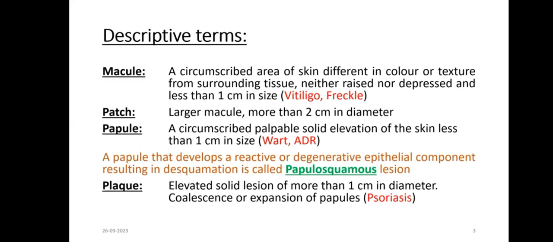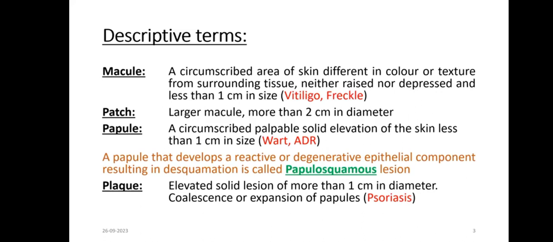If a skin disease comes to us in the form of vitiligo or freckle, it's usually a macule: a circumscribed area of skin which is different in color or texture from the surrounding tissue, and it is neither raised nor depressed, which means if we close our eyes and spread our fingers over the lesion, we won't feel that there is any lesion, yet it is a visible lesion.